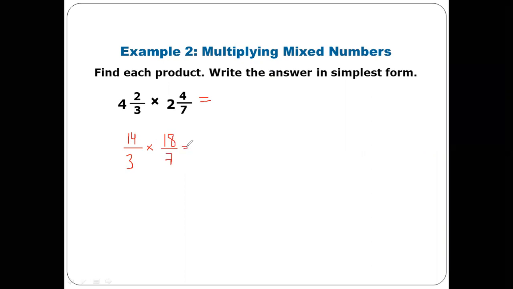As we mentioned in the previous slide, instead of multiplying 14 by 18 and 3 times 7, 21, making the numbers larger, we can simplify them, then multiply the results that we are going to get.